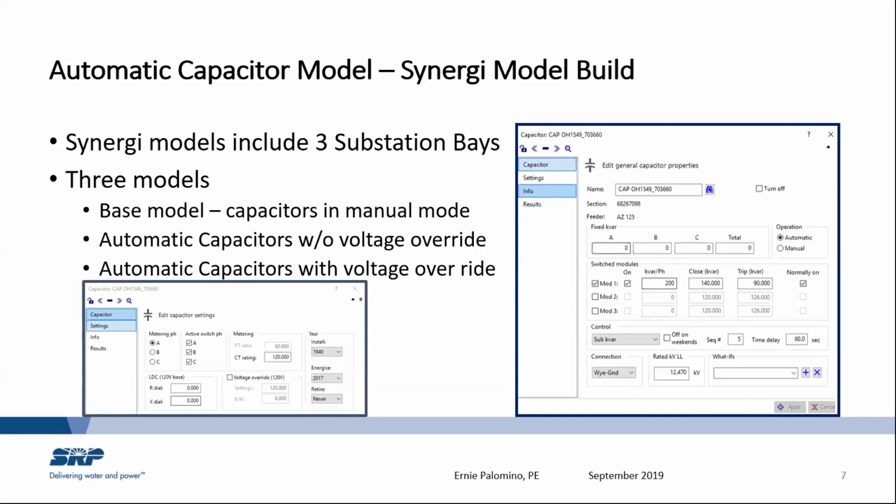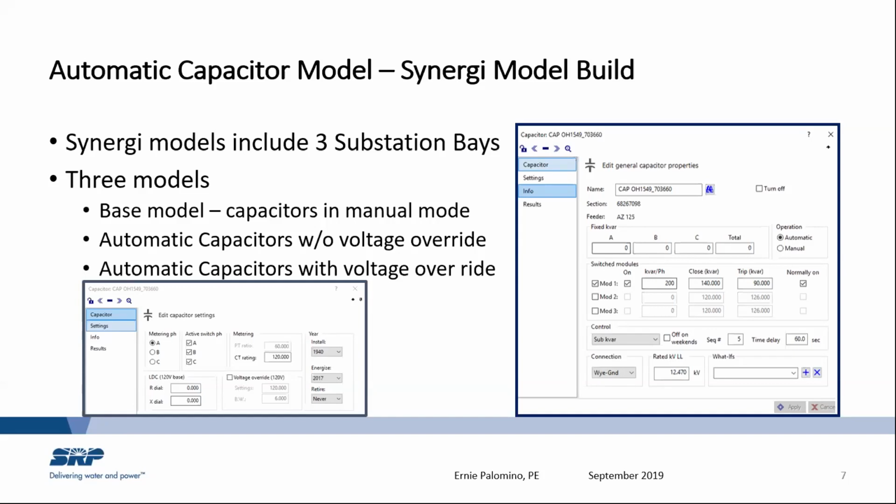The sequence, the order of operation for our capacitors, is at the substation level. So in other words, if we have 4 feeders connected to the substation, all the capacitors on those 4 feeders are part of the same sequence. If we have 5 feeders on the substation transformer, the cap banks on all 5 feeders are in the same sequence.